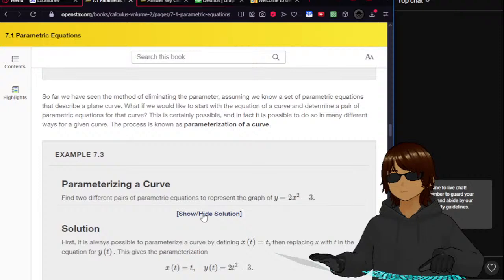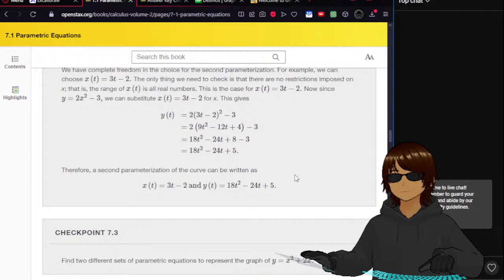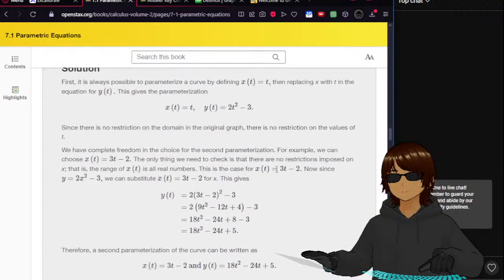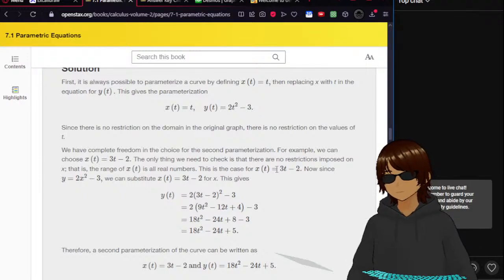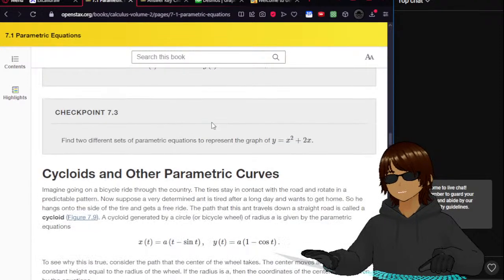That's one way. Or they just did it like this. They just replaced x with t. I guess that's one way of doing it.